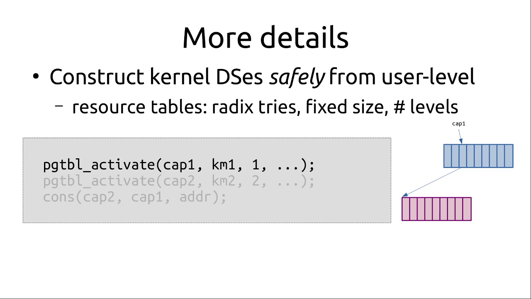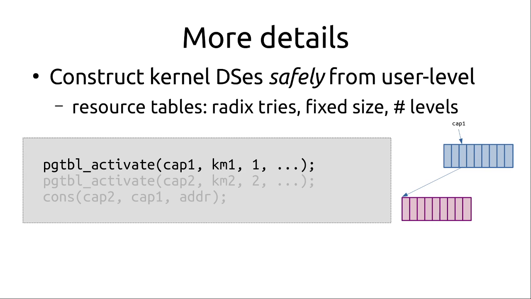I want to create it at capability 1 within my capability table. I want to use the kernel memory, not shown here in the diagram on the right, at KM1 to back that new page table node. And I want it to be a page table at the top of the page table, i.e. at level 1, right?